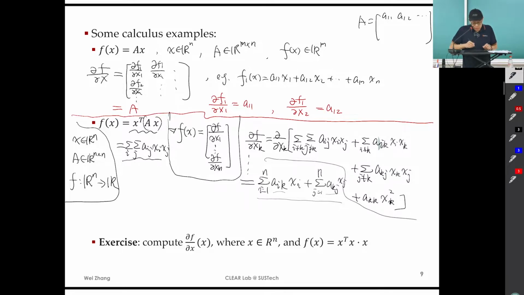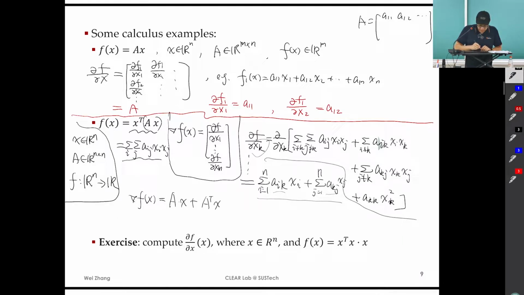Okay, so eventually, believe it or not, the gradient partial f equals A times x plus A transpose times x. This is only the k-th element. If you put all together, you have the rows and columns both times x, so it becomes A and A transpose times x.